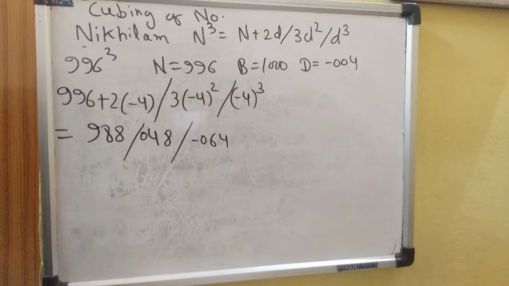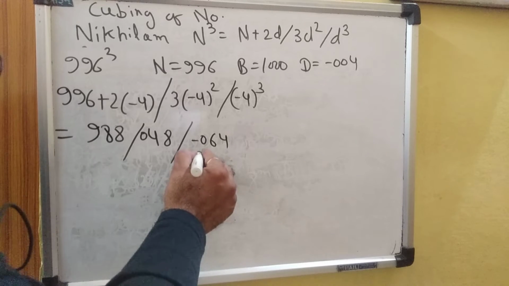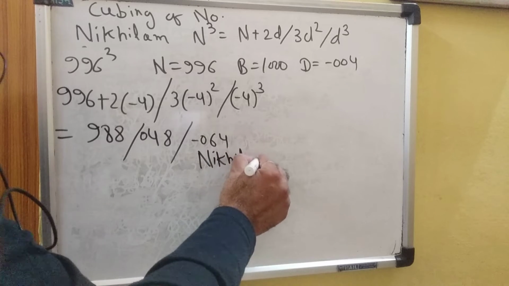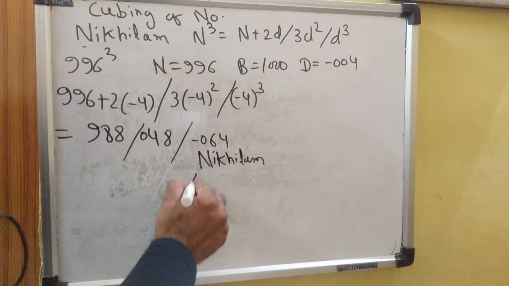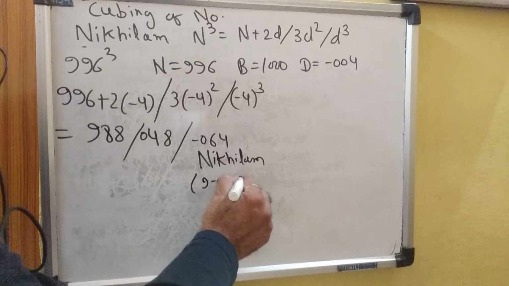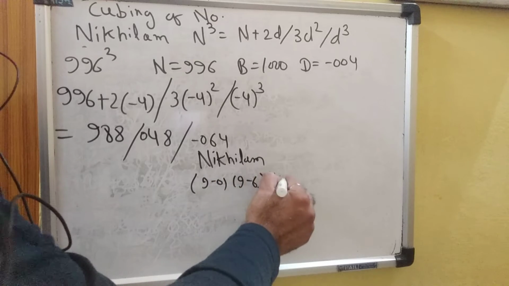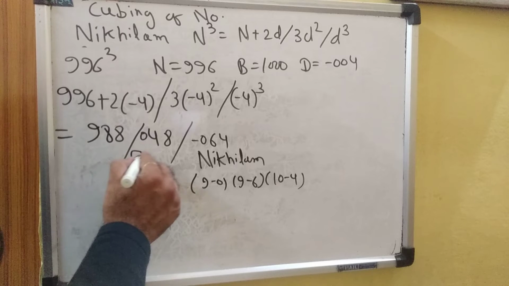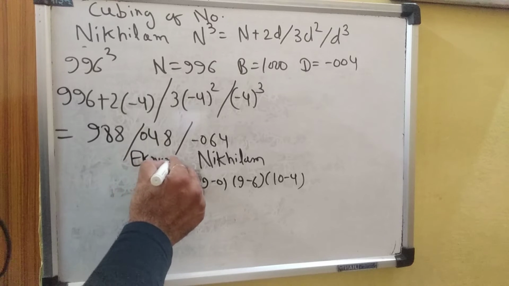But here rightmost part is negative. So to make right part positive, we use Nikhilam. Nikhilam means subtract every digit from 9 and last digit from 10, and at the same time we use Ekanyunayana in middle part.